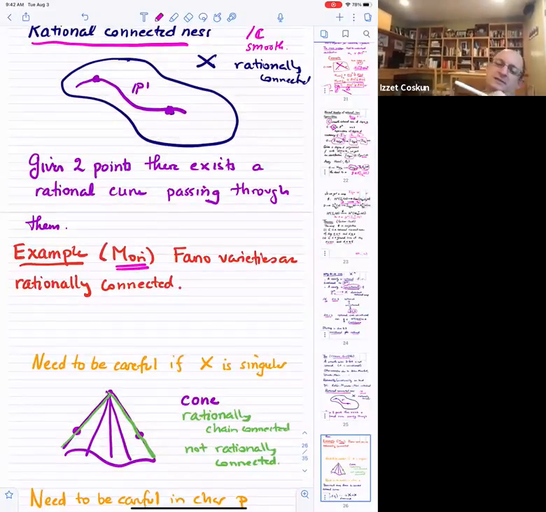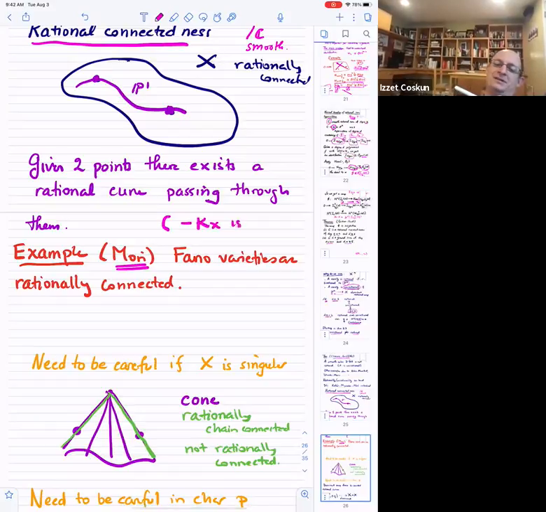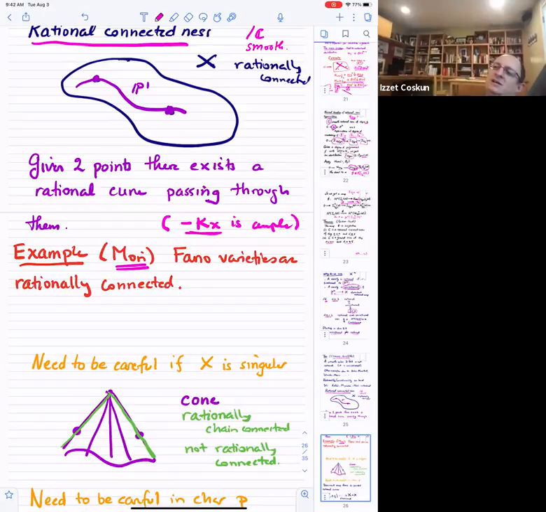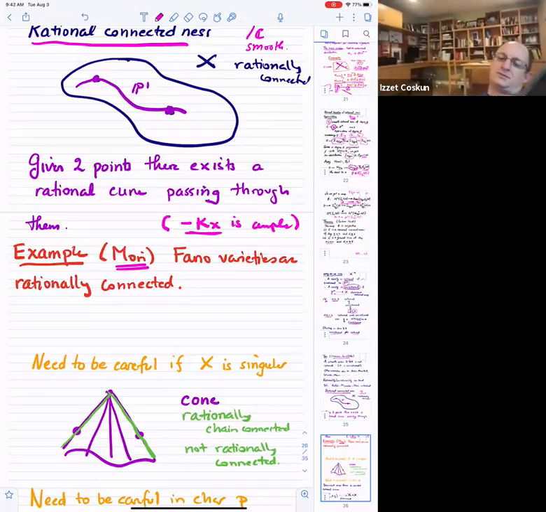Of course, the big example of such things is Mori's celebrated theorem about Fano varieties. Let me remind you, a variety is Fano if the canonical bundle is anti-ample, so if minus K_X is ample, then you call these Fano varieties. They are very important in birational geometry because when you run the minimal model program, they are one of the main building blocks of other varieties.